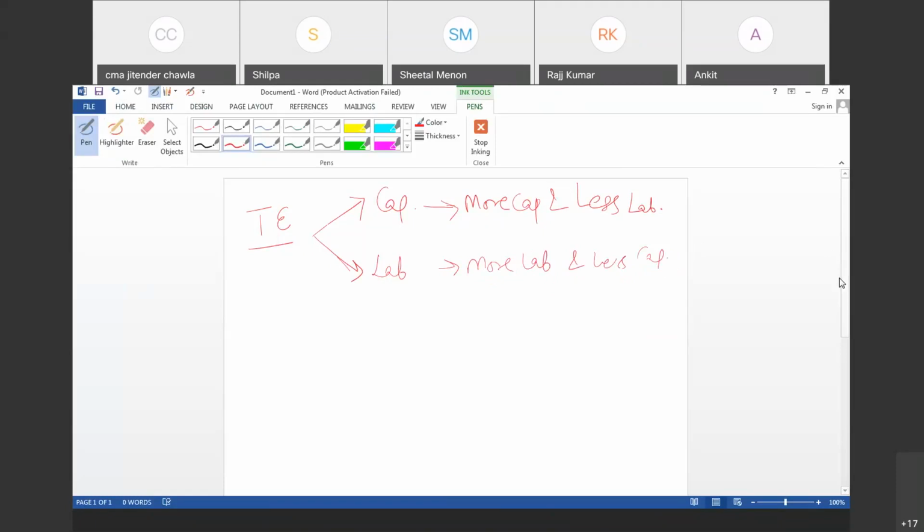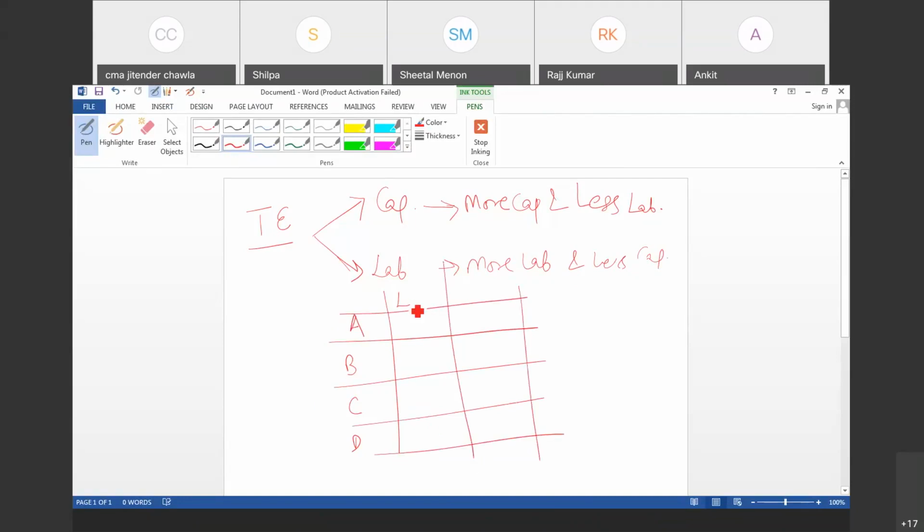Let's consider one example. There are techniques of production A, B, C, D, which require use of labor and use of capital: 10, 2, 8, 5, 6, 8, 6, 10.